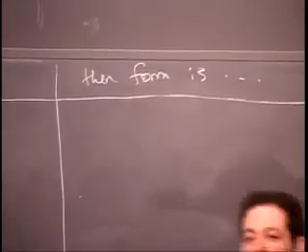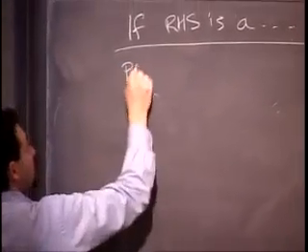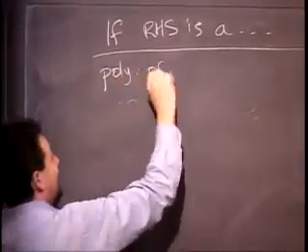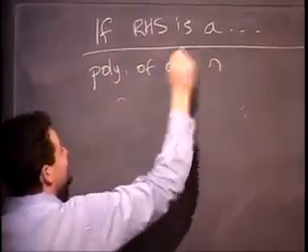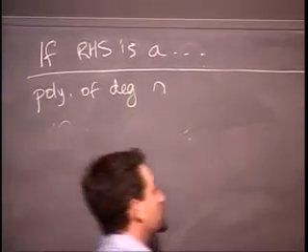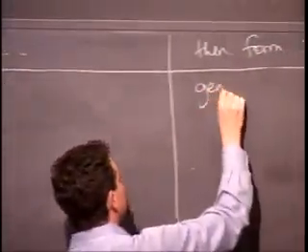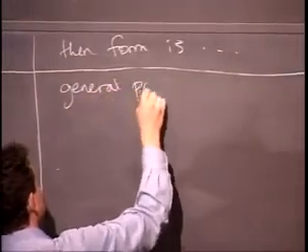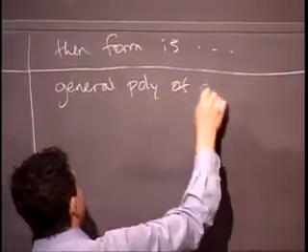All right, so what are some of our favorite objects? Well, one is a polynomial of degree n. Okay, so if you see a polynomial of degree n, then the form should be a general polynomial of degree n.